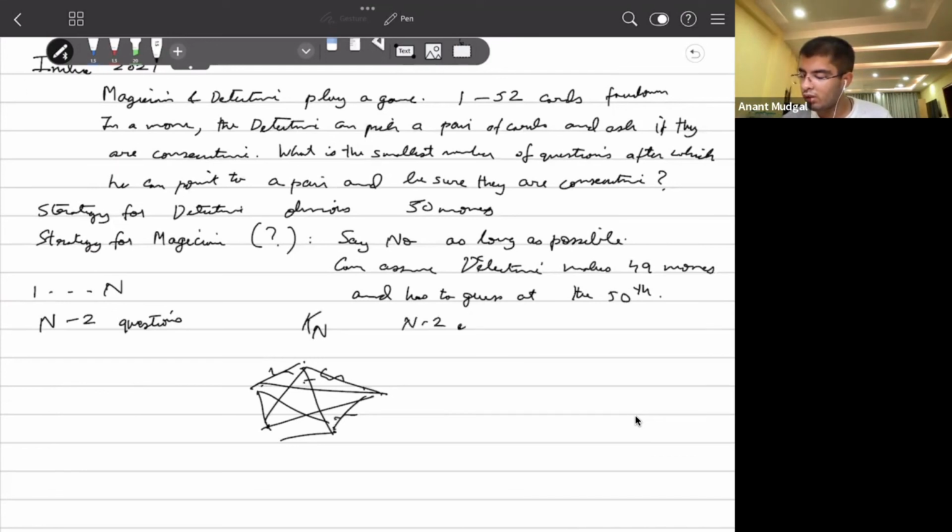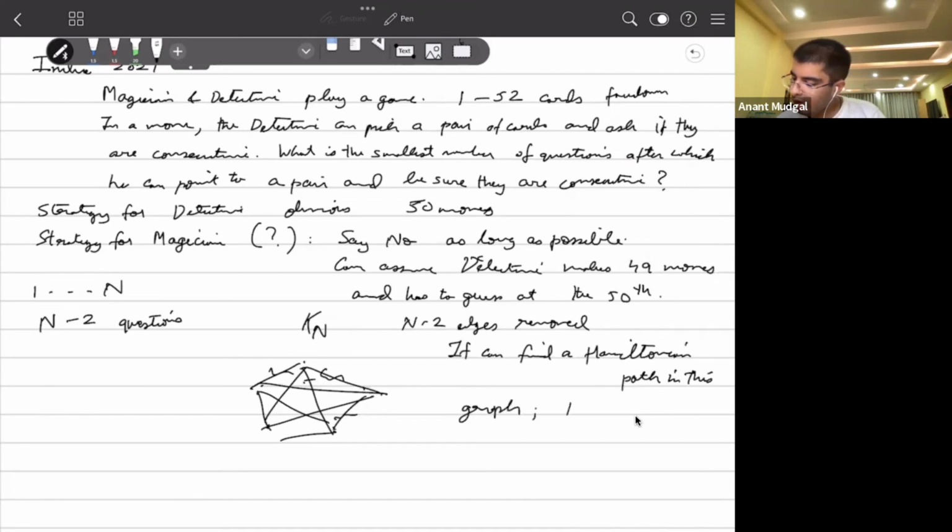And whatever graph remains at the end, so after removing n minus 2 edges, if you can label this graph from 1 to n in an order where 1 is connected to 2, 2 is connected to 3, and so on, if you can find a Hamiltonian path in this graph, that will be his answer.